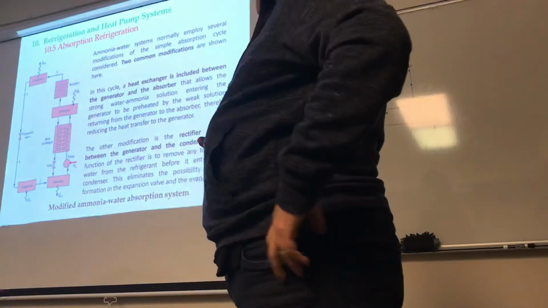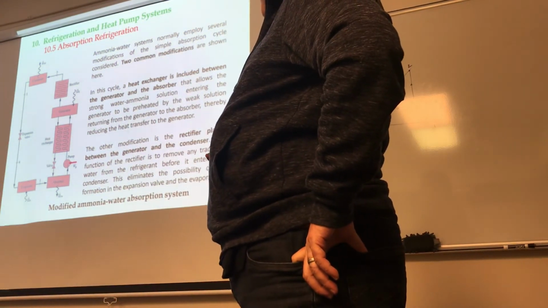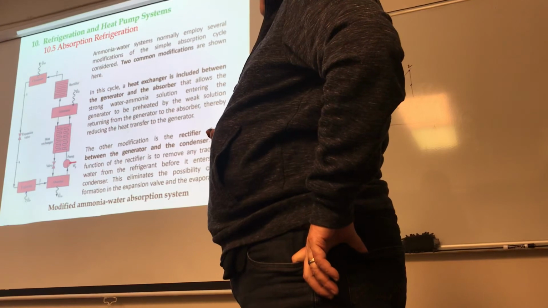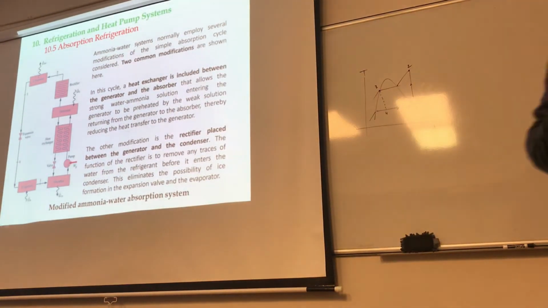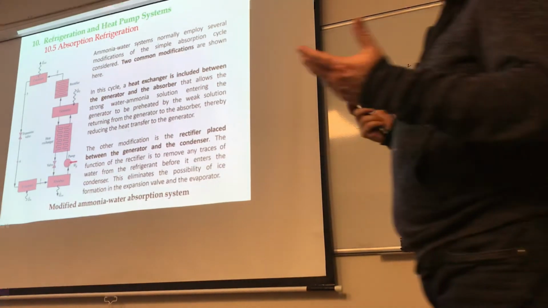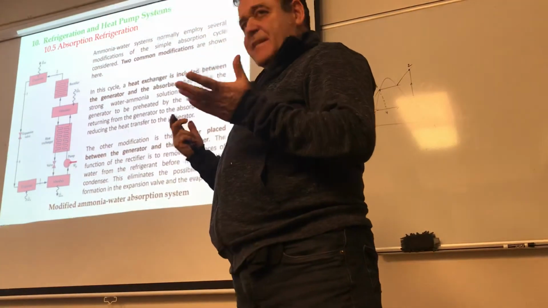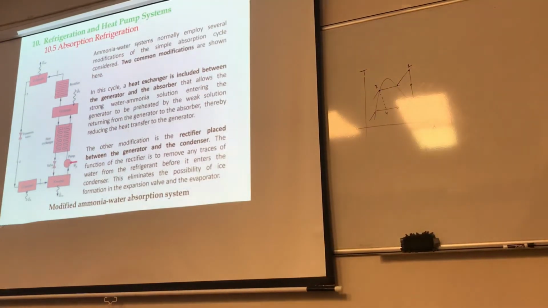And obviously, in this particular case, we have to figure out the state here, the state there, the state there, and it becomes a little bit of an issue, okay? But the book only mentions these, and that's it. We don't even have any example problem or anything like that, but I think it is worth at least seeing it as a modification of the regular refrigeration cycle.